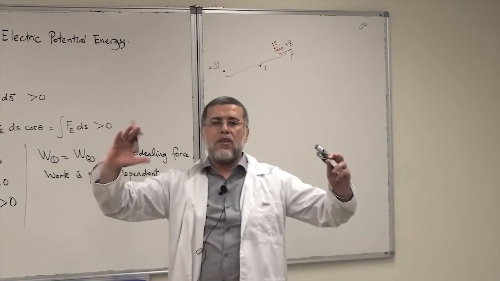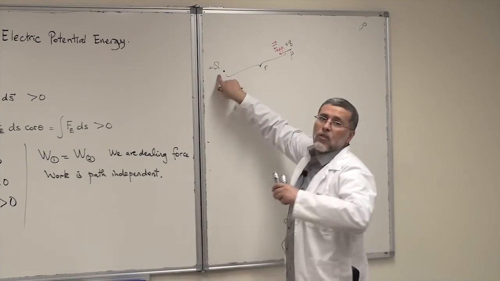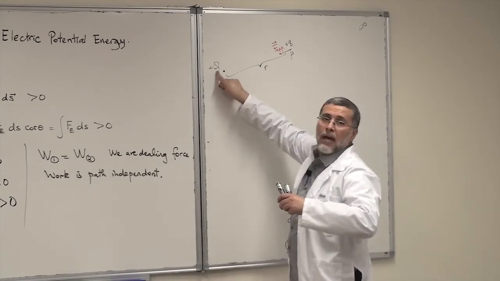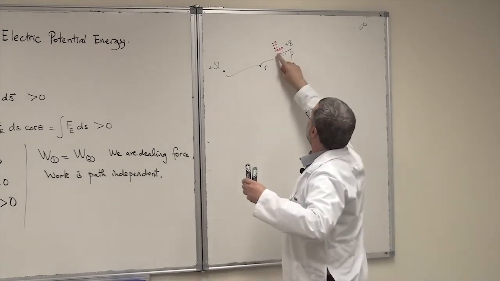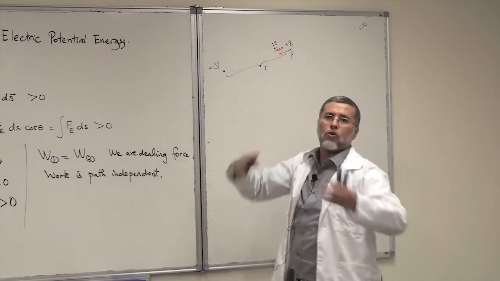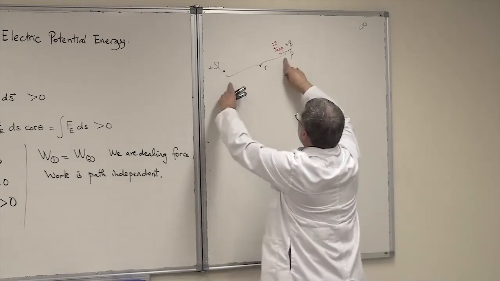So if you try to bring this small charge to the vicinity of the big charge plus Q, they try to repel. So you have to apply some force, and you have to do work yourself to bring them into this configuration, separated by distance r.